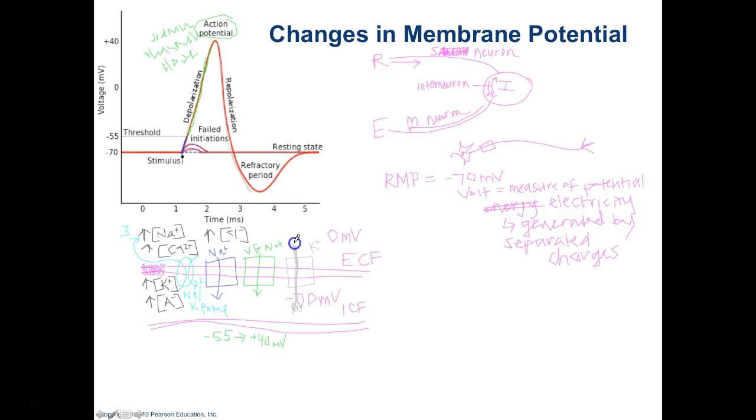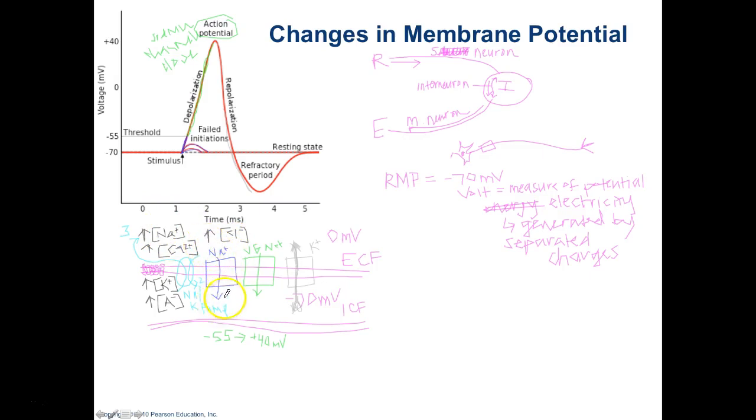Out of the cell. So the reason for the direction in which these ions are flowing is because of it moving from its high concentration gradient to its low concentration gradient. So remember, we had a high concentration of potassium inside the cell, so now potassium is going to want to flow out of the cell. Whereas when we talked about sodium, we had lots of sodium outside of the cell and not so much inside the cell.